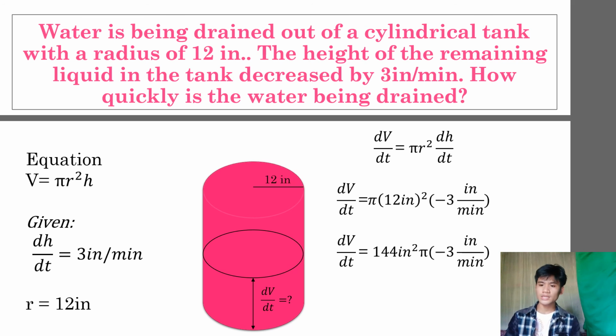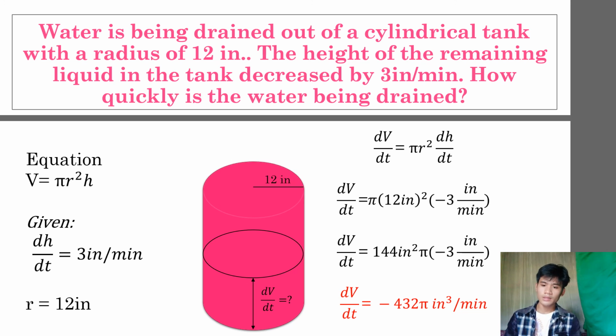Next, just simplify. For dV over dt, we have 144 inches squared times pi, since 12 inches squared is 144, and inch multiplied by inch gives inch squared, times the pi itself. Then copy the negative 3 inches per minute and combine.